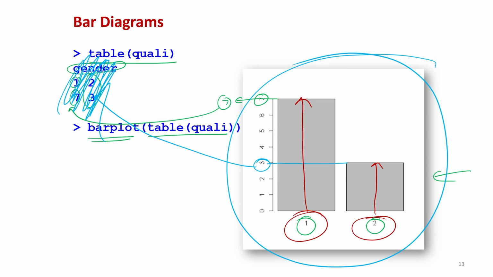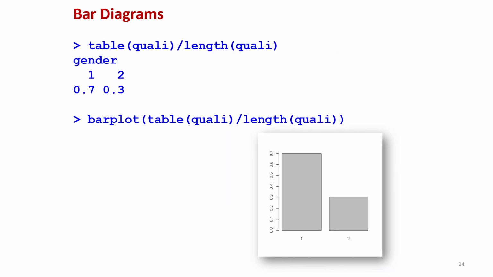That means there are 70% observations in category 1 and 30% observations in category 2. Right. So this type of information is given by the bar plot.